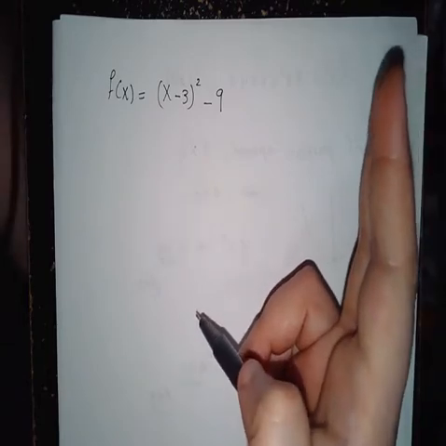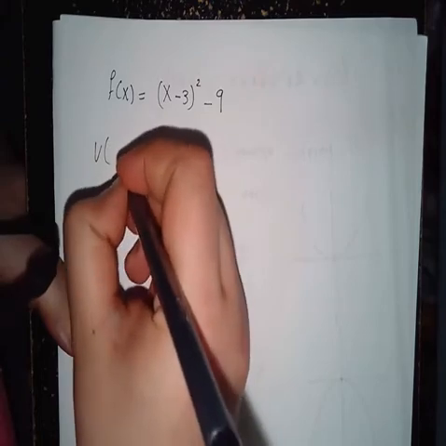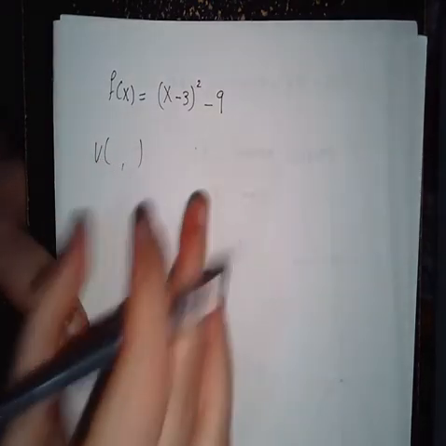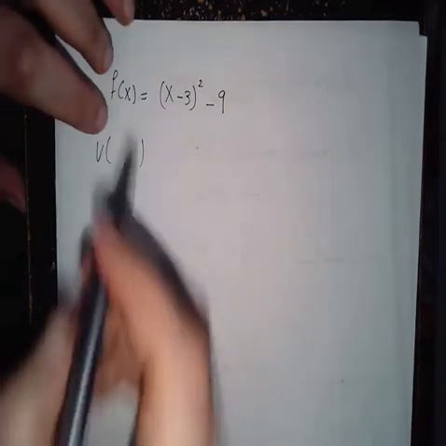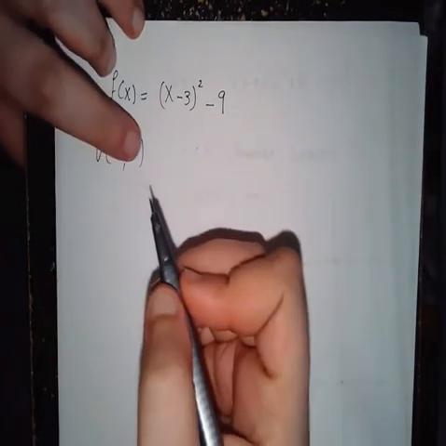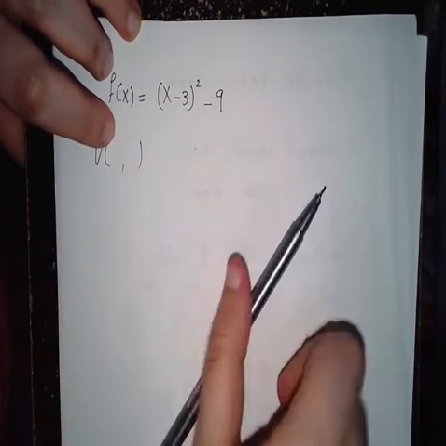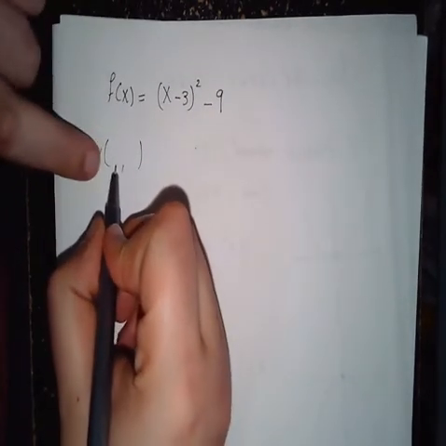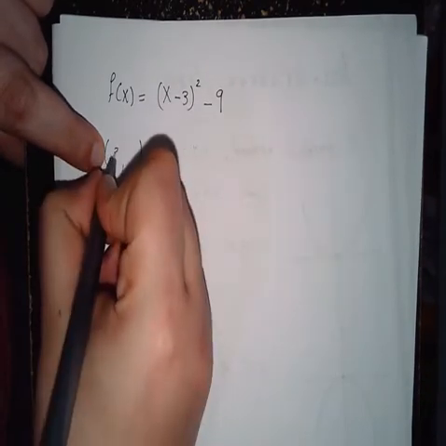So here's your vertex, right? The V point. I usually write it like this. Write the V and then open up a pair of parentheses. Now, we said this point right here is h and k, correct? So that means what? The x value over here is going to be 3.